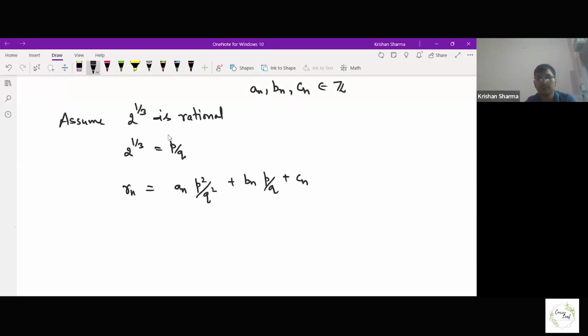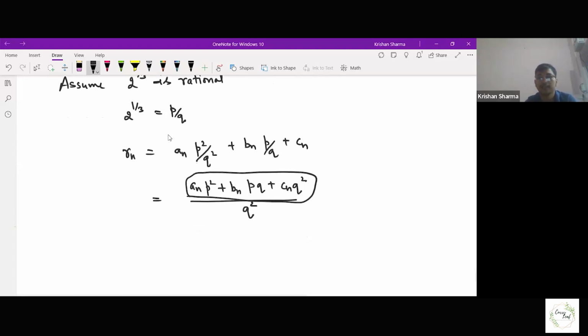And instead of taking the LCM Q, here we take the LCM Q square. That is An P square plus Bn PQ plus Cn Q square. And again, that term will become an integer. And we will reach Dn upon Q square.